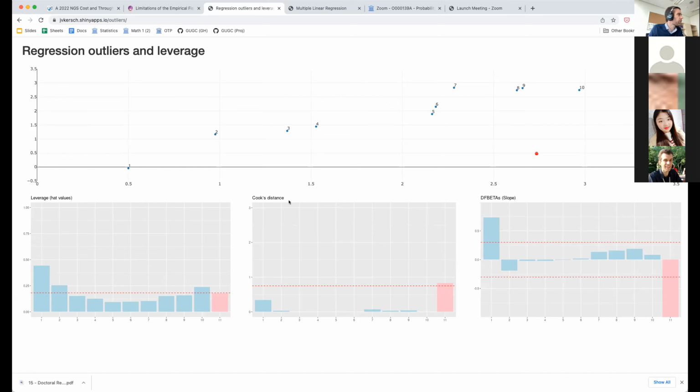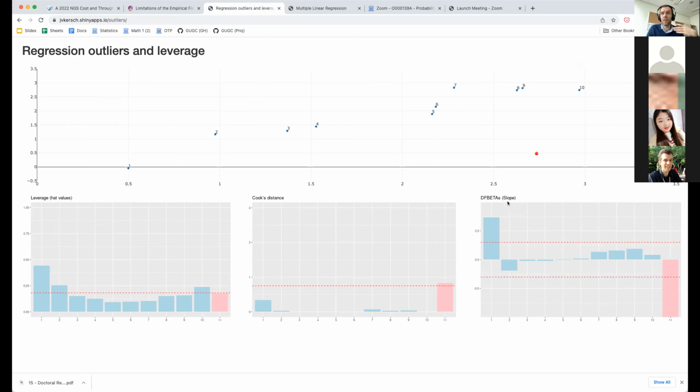In the center, we have Cook's distance. And the dashed line is, again, the cutoff, the 50th percentile of an F distribution with 2 and 9 degrees of freedom, the 9 coming from 11 minus 2, N minus P. And then here we have the DFBETAs, for the intercept and for the slope.